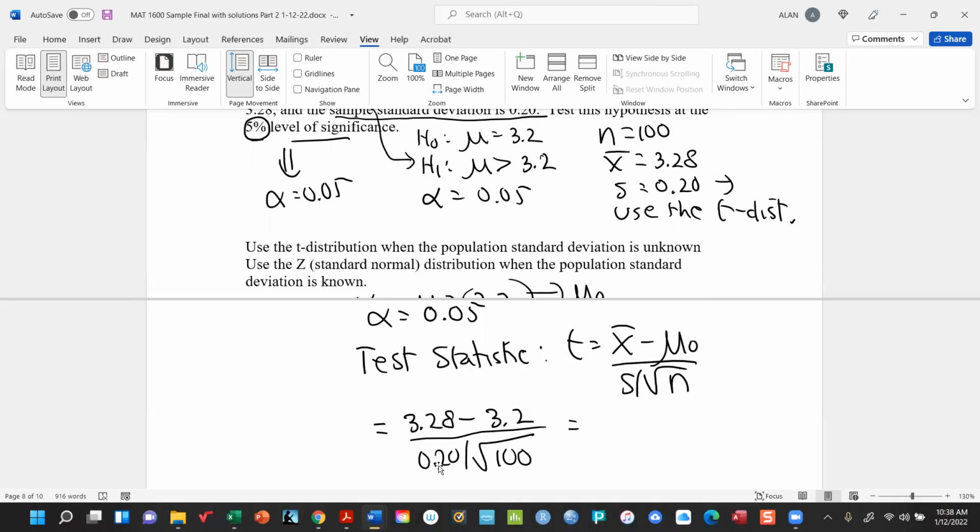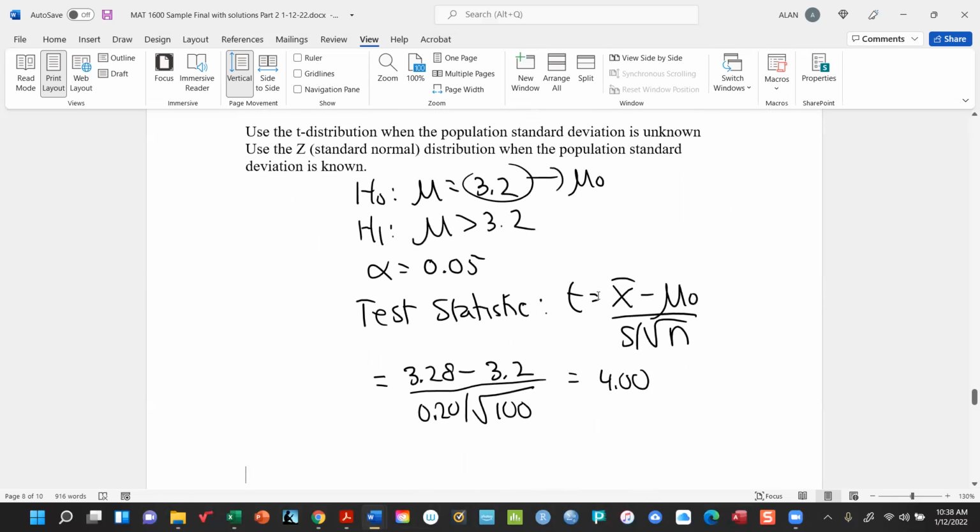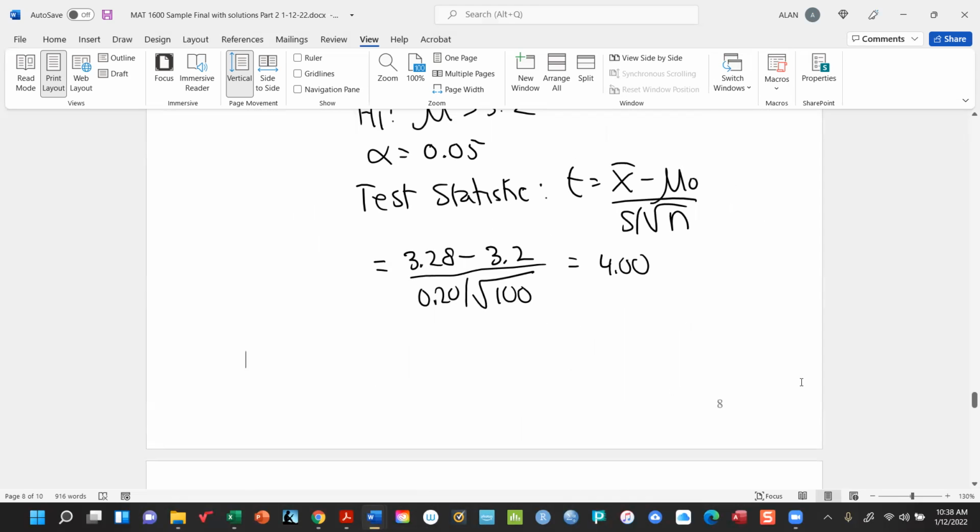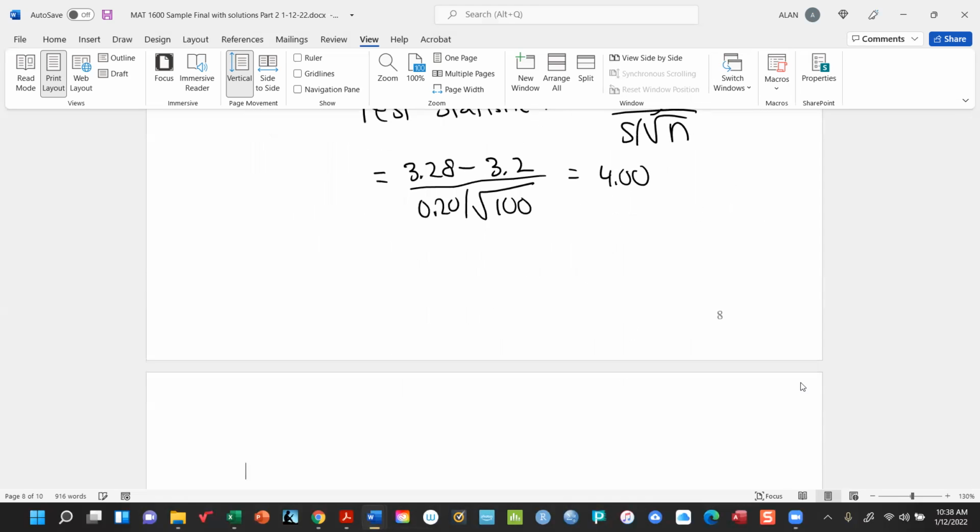Oh my God, that was interesting. It's exactly 4. Well, that doesn't happen very often. Yeah, it's precisely 4. All right, now, what comes next, of course, is the critical value. Now, this is a right-tailed test.